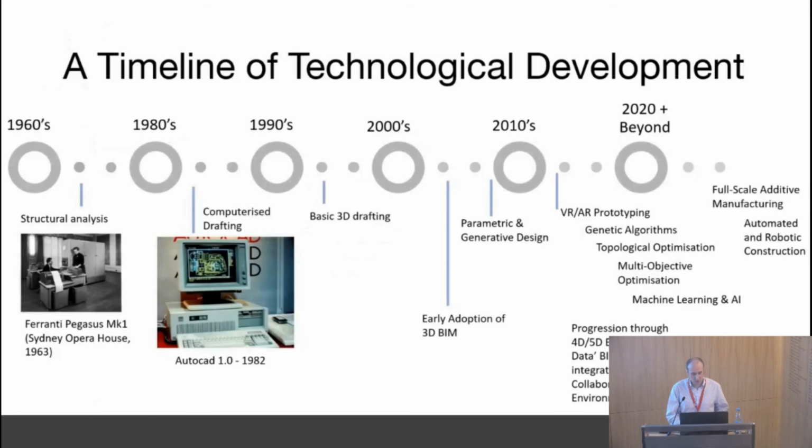So to finish up, because I think I'm probably running over slightly, in terms of a timeline of where we're at, things are moving very quickly. I think this is all I need to say on this matter, really, and it's accelerating, ever accelerating. And for those of us who are not already here, we're going to struggle like hell to get to here.